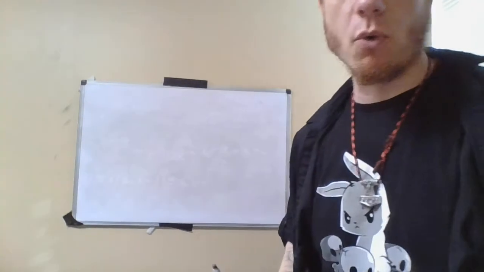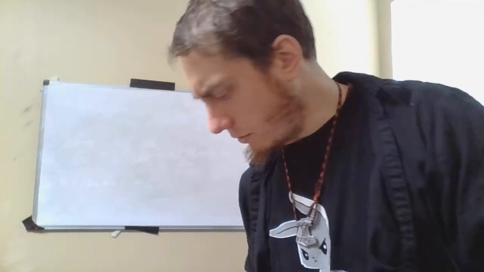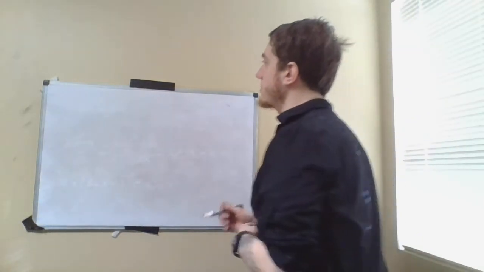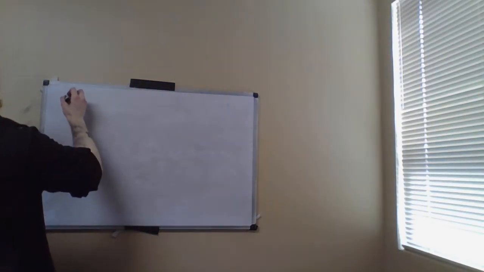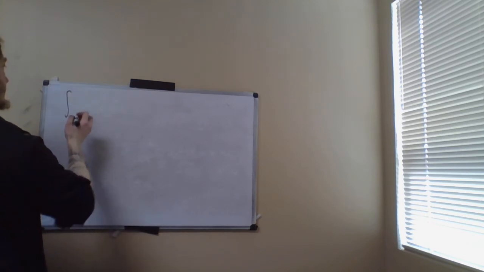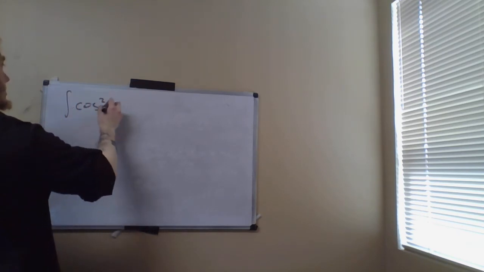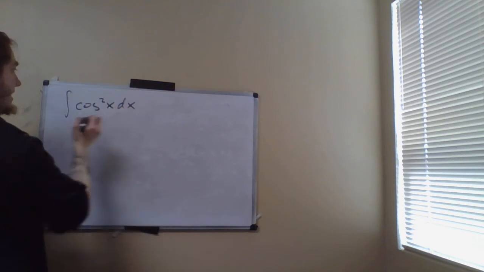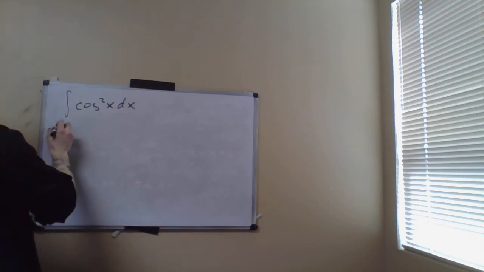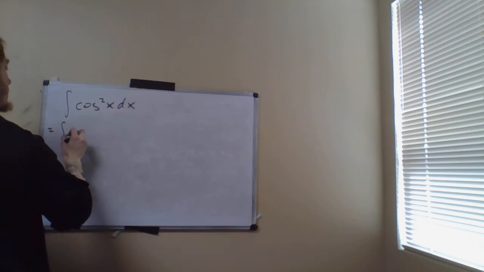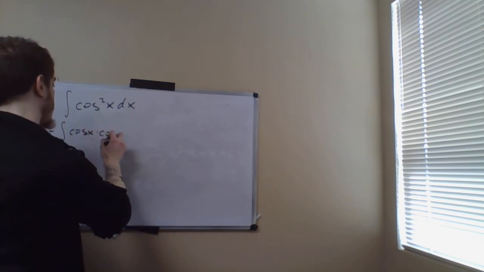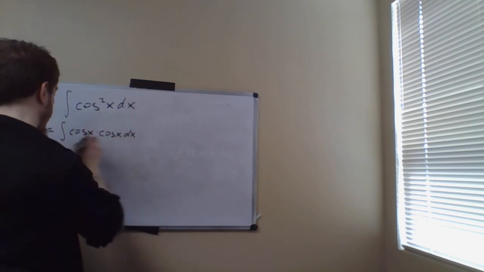Let me bring up one more example that I want to make sure is what I want. Yeah, so let's take a look at this example. Let's suppose that I want to do the integral of cosine squared x dx. I can actually think of this as the integral of cosine x times cosine x dx.